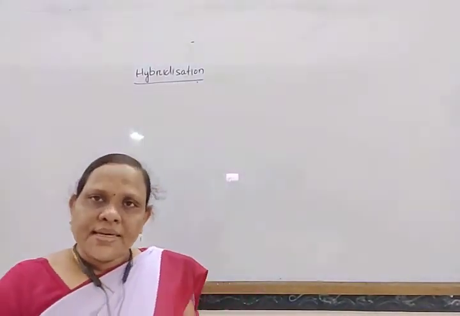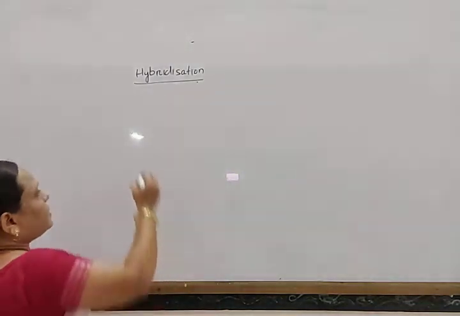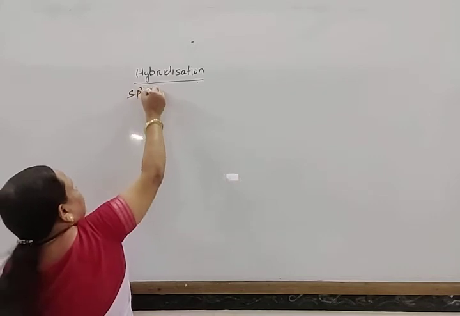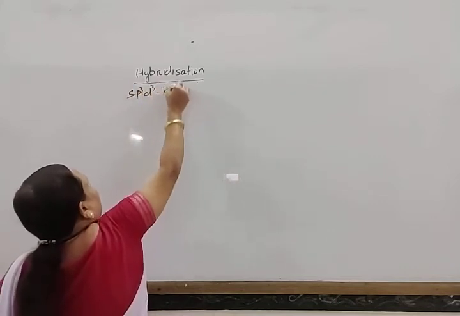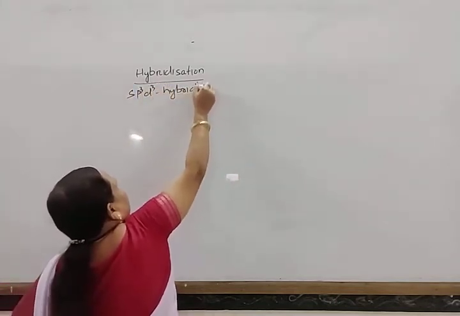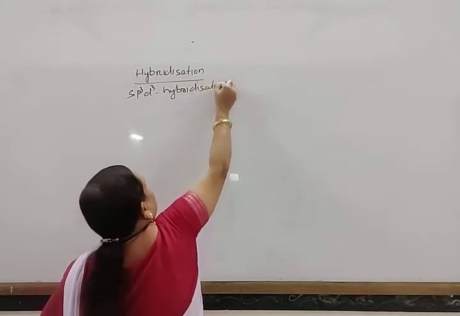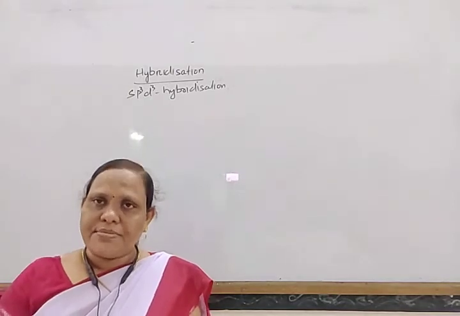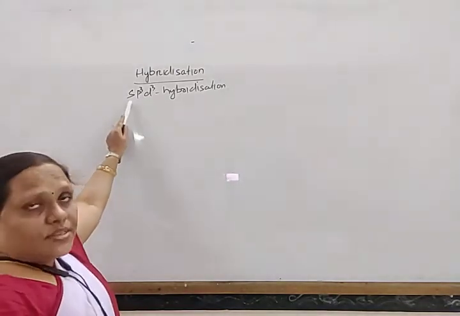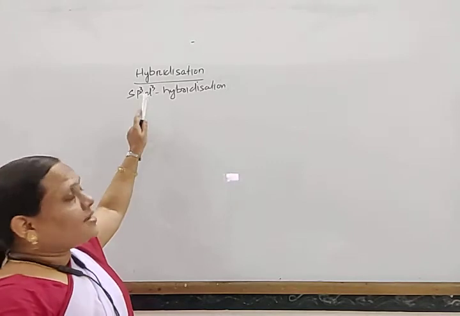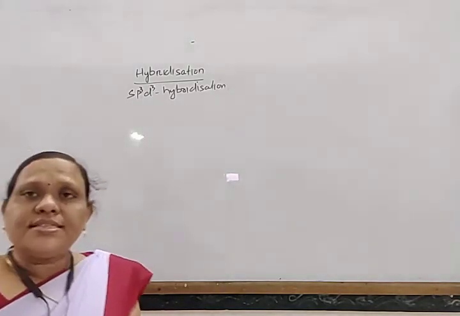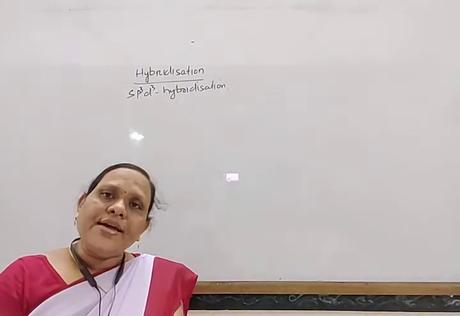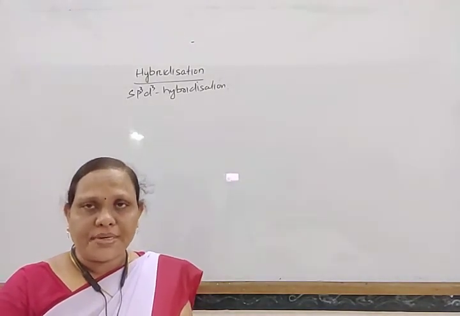Next we come to another type of hybridization, that is sp3d3 hybridization. In sp3d3 hybridization, as the name suggests, one s orbital, three p orbitals and three d orbitals of the valence shell of an atom intermix to give 7 sp3d3 hybrid orbitals.